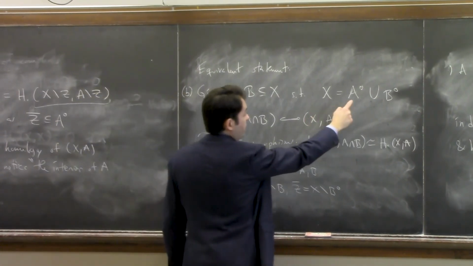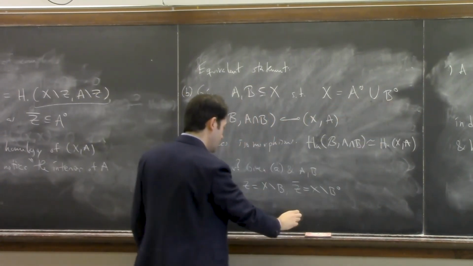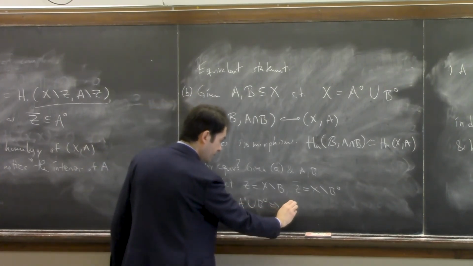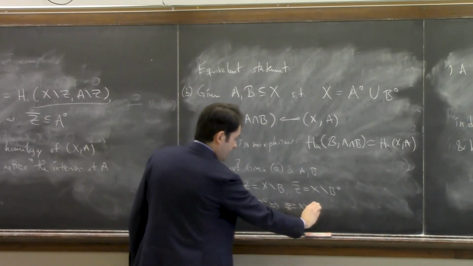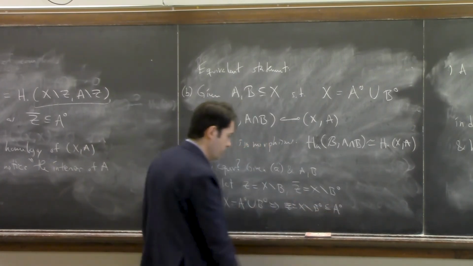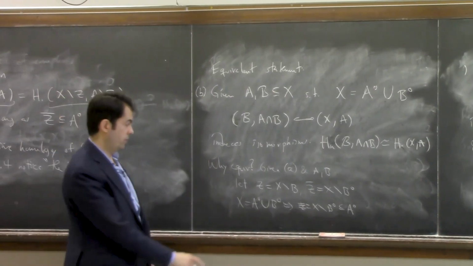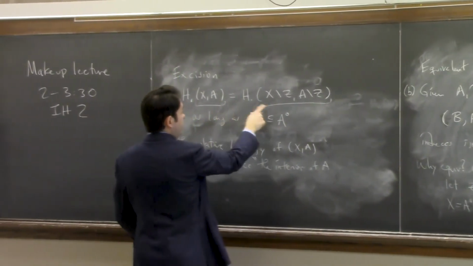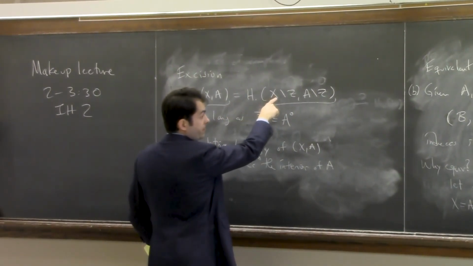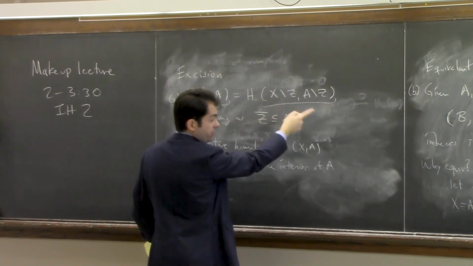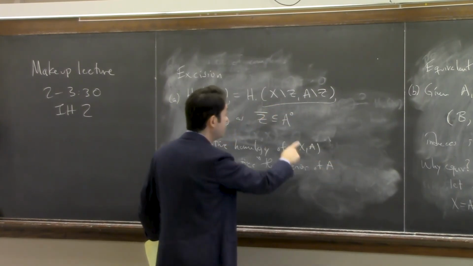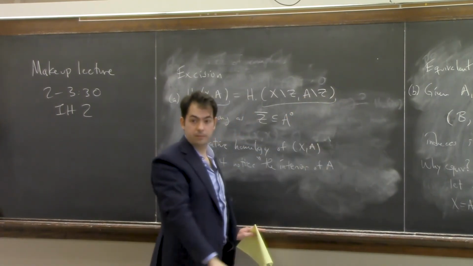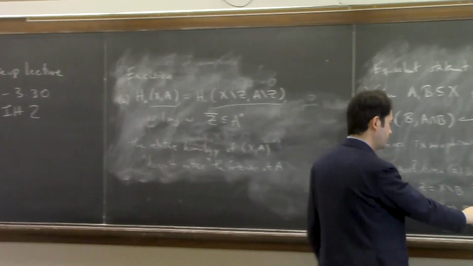And the fact that X is covered by the interior of A and the interior of B implies that Z bar, X minus interior of B, is contained in the interior of A, right? So the hypotheses of A hold, we have this isomorphism, but X minus Z is B, and A minus (X minus B) is A intersect B, right?